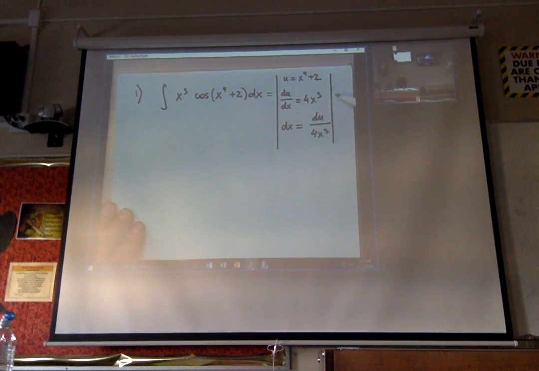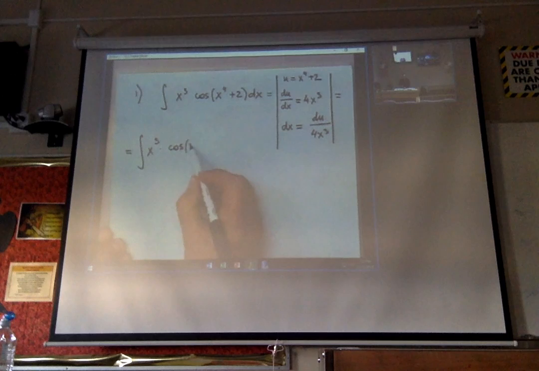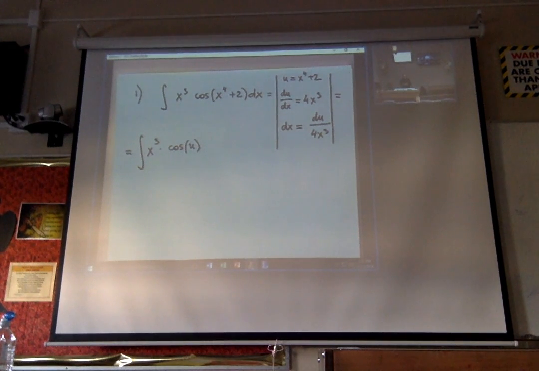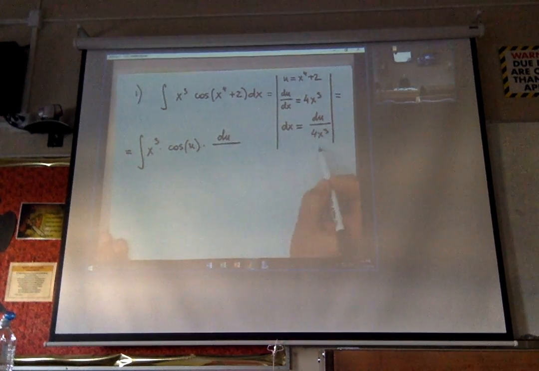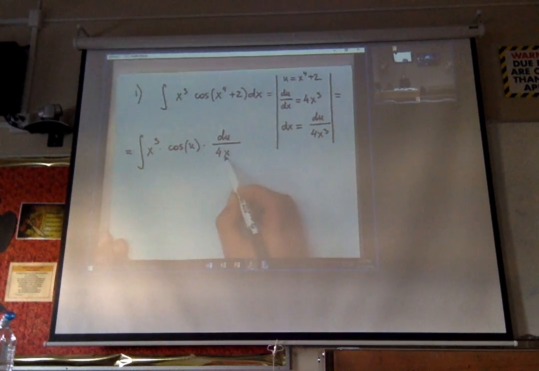We'll put an equal sign. We'll move to the integral and continue. So we have integral x cubed, then we times by cosine of u, because that's your substitution. Then you know what dx is. What is dx? Du over, right? That's what we just did over here. This is your dx. You put it instead. So 4x cubed.